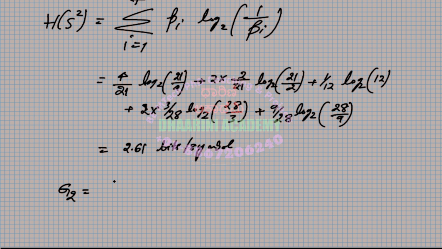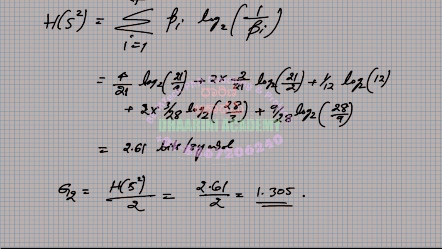So that means I have to calculate the H of s squared by 2. 2.61 divided by 2 is what we require. 1 point maybe 305 or something, bits per symbol. So we got a G2 now, right?